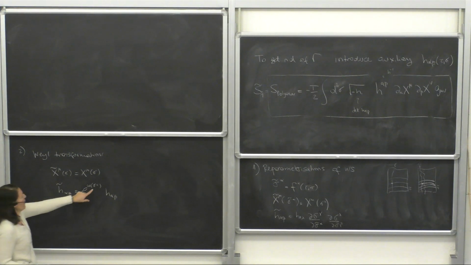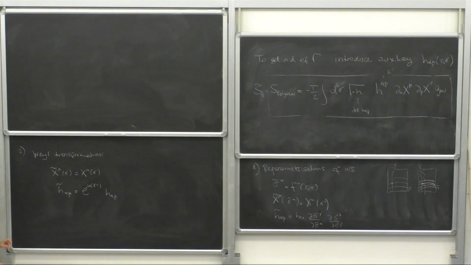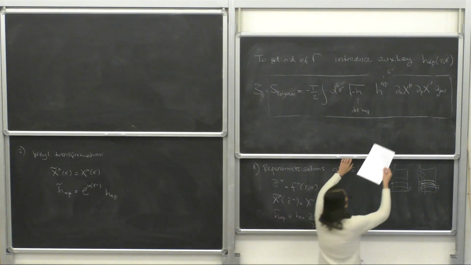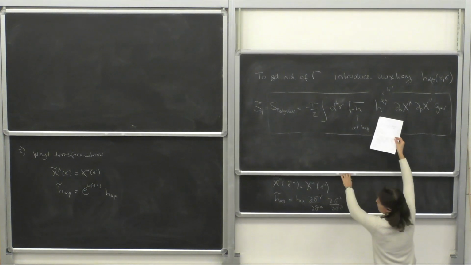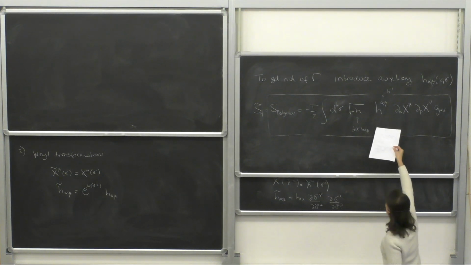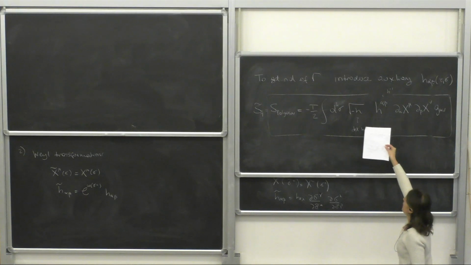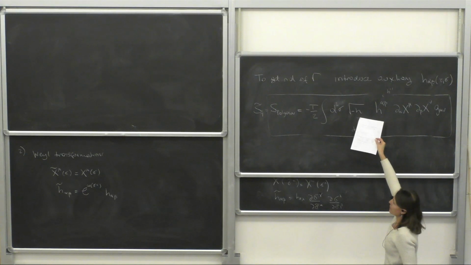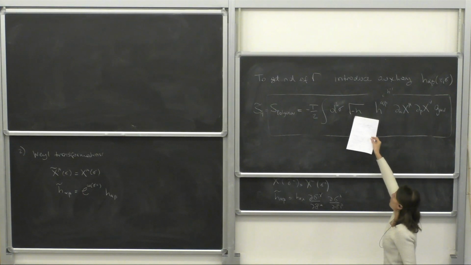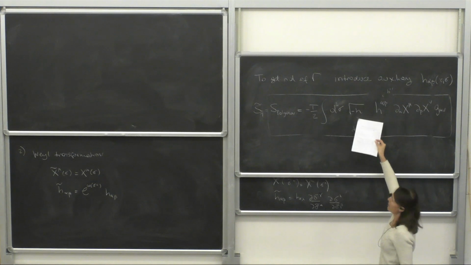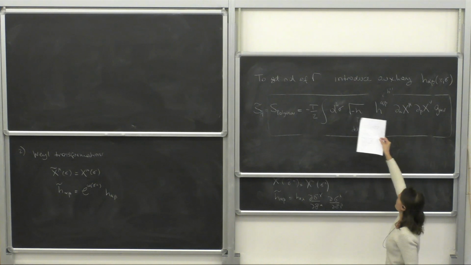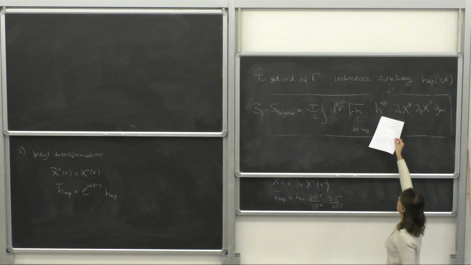And this is local; this can depend on σ^α. And the action is invariant because here you have the inverse metric, so this goes with the power of e^(−ω). And this is a determinant, so it has e^(2ω), and the square root has an e^ω. So this e^ω cancels this e^(−ω).